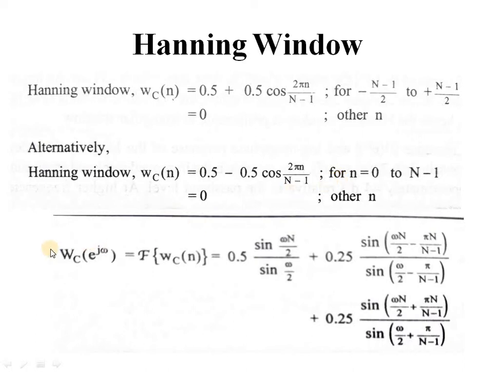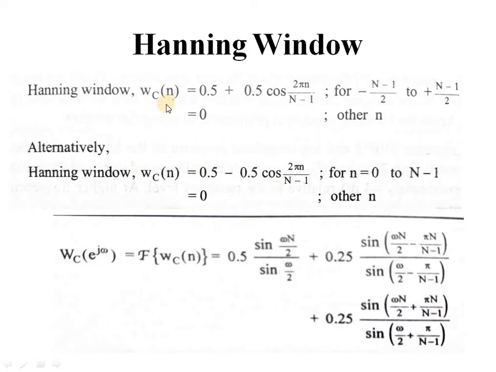The frequency response of the Hamming window is given by this expression, W of e power j omega, which is obtained by taking the Fourier transform of the windowing sequence by putting a equal to 0.5, and just by substituting a equal to 0.5, I have got these expressions for this Hanning window.